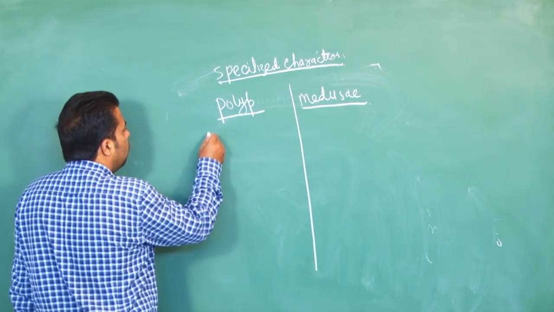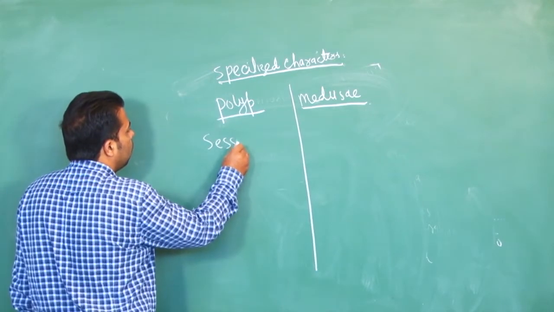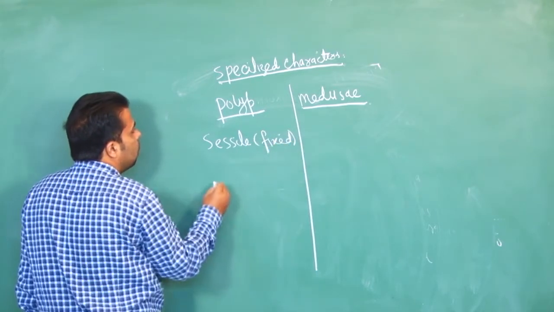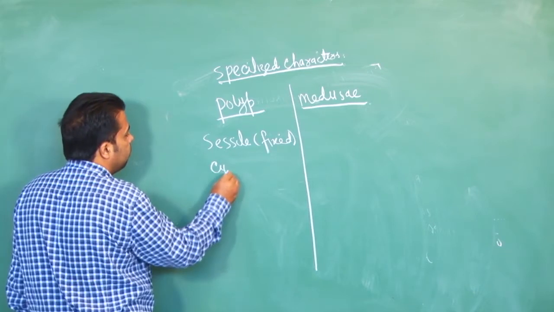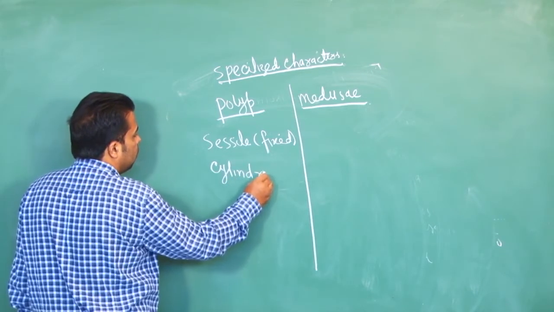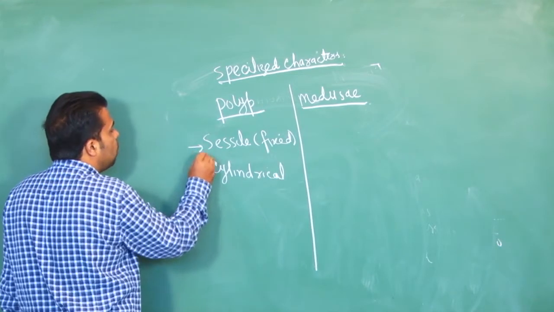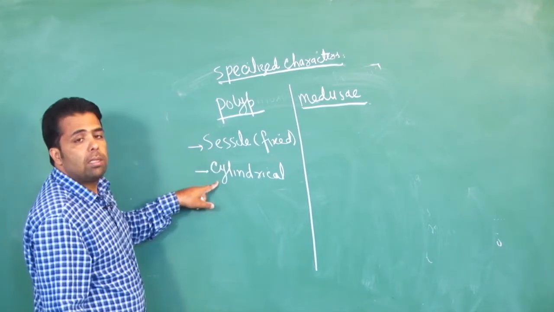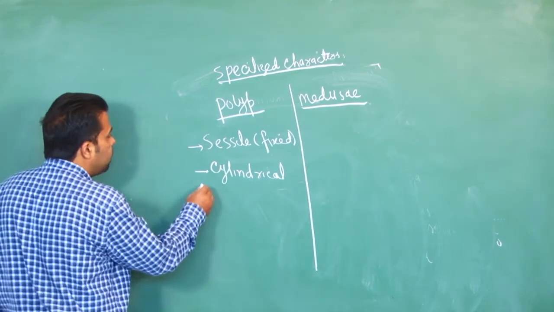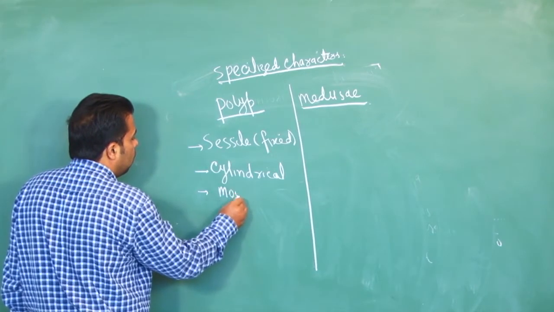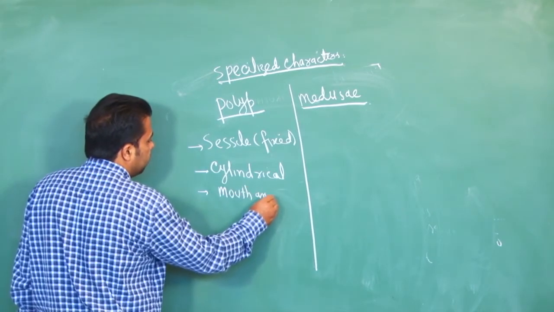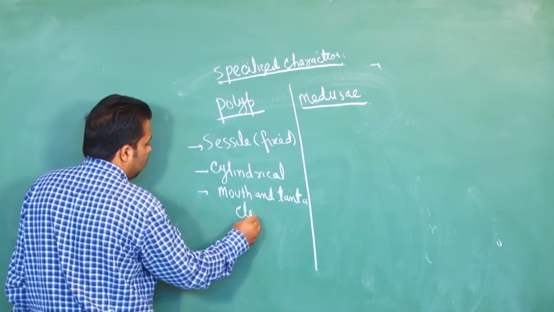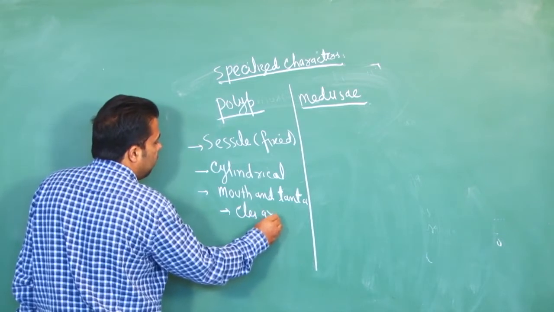Polyp. Polyp is sessile, means fixed. They do not move. They are cylindrical. What are the characters of polyp? Polyp is sessile, polyp is fixed. Polyp is cylindrical in shape, and its mouth and tentacles are facing upwards.